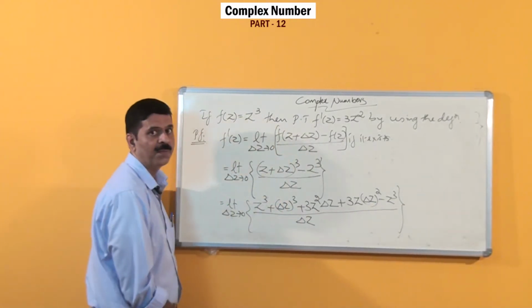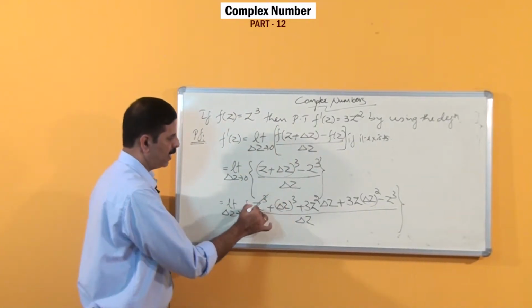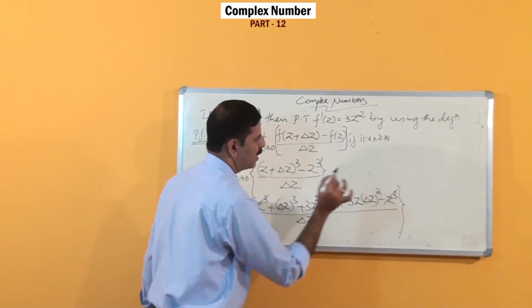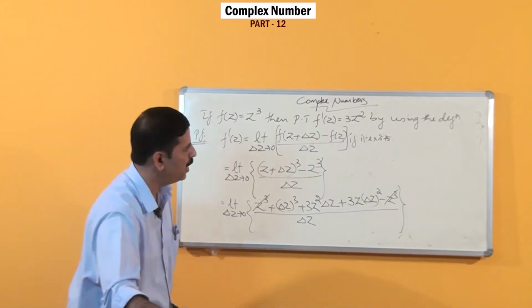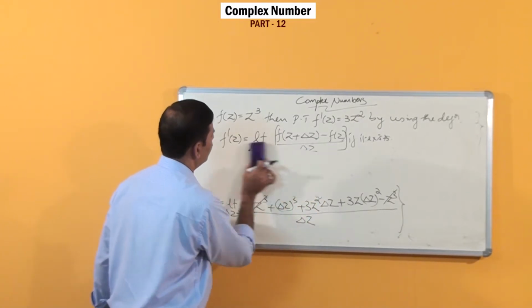Now, simplifying, observe that this and this get cancelled.